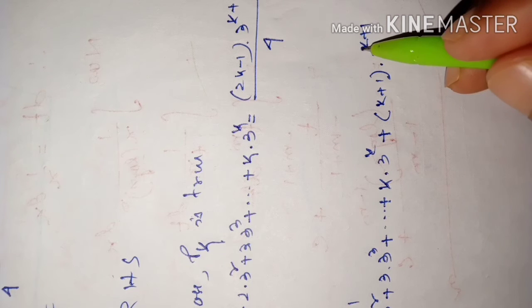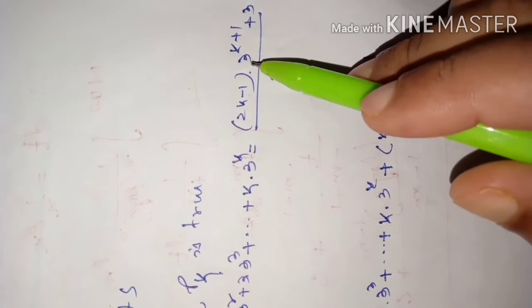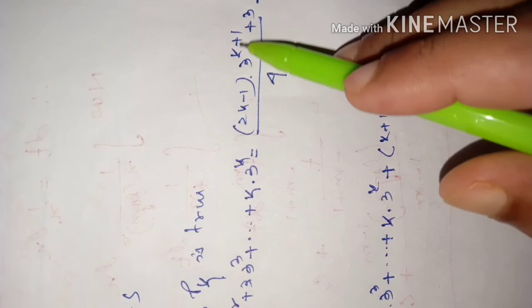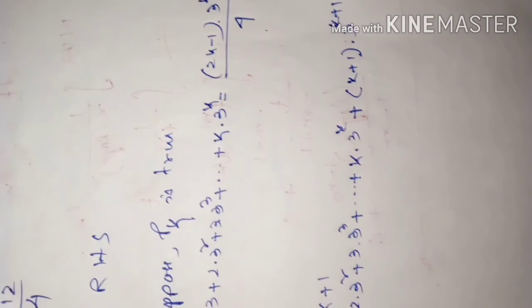For this, the right hand side will be 2 into (k plus 1) minus 1, into 3 to the power of k plus 1 plus 1, that is k plus 2, plus 3, divided by 4.